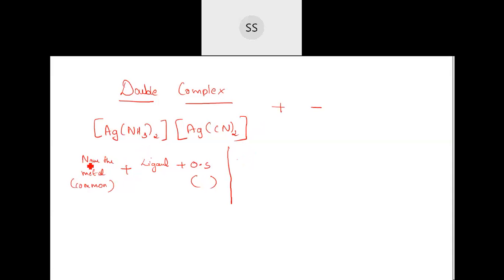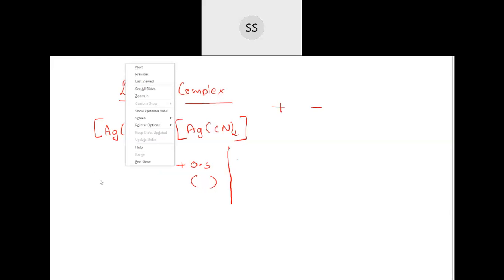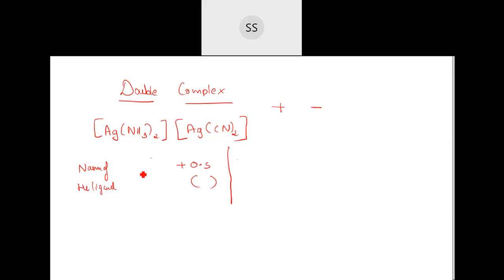Name of the ligand, and then you write the name of the transition metal.